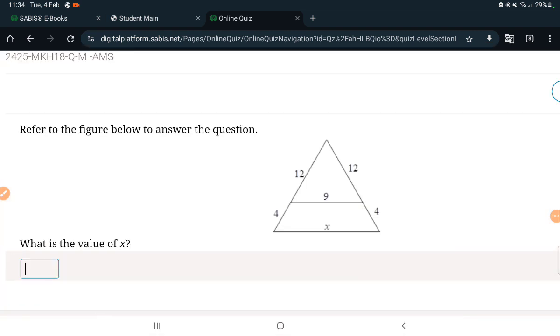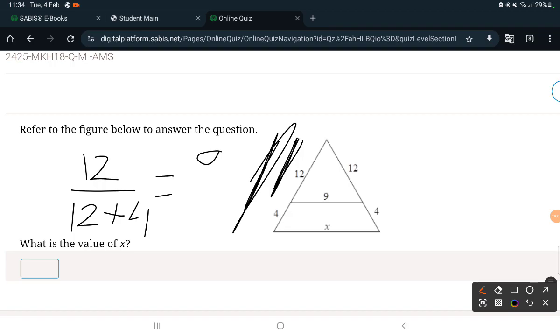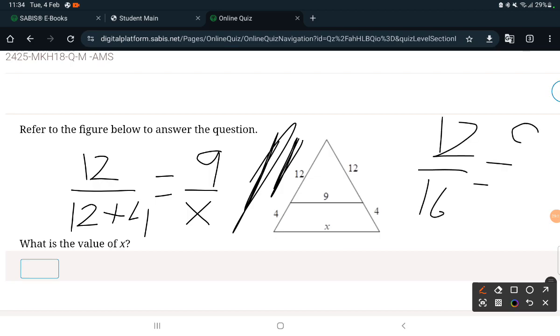Here for this one, this is the side-splitter proportionality theorem. It states that 12 over 12 plus 4 equals 9 over x. 12 over 12 plus 4, that will be 12 over 16, is equal to 9 over x.